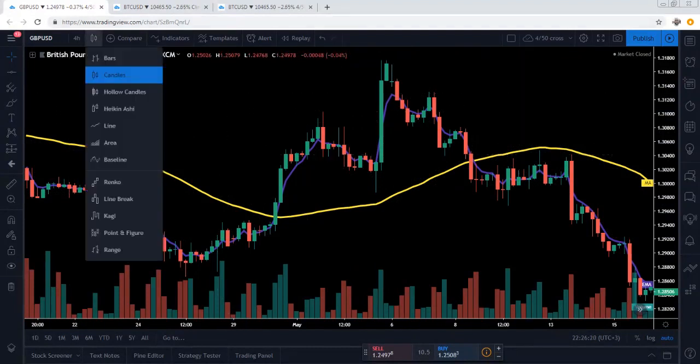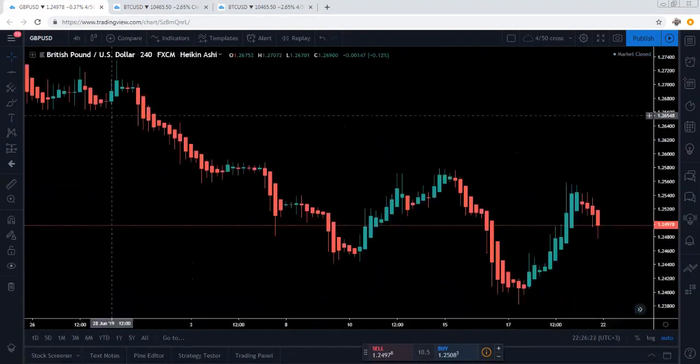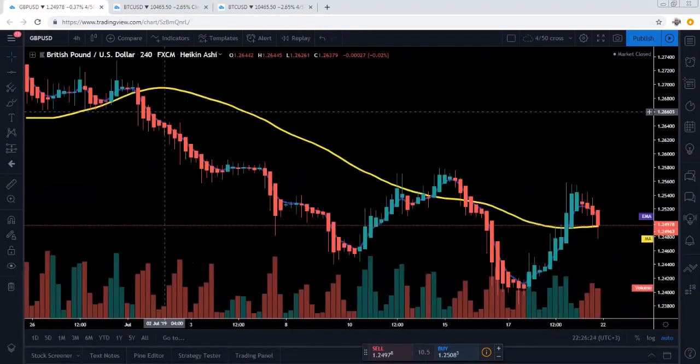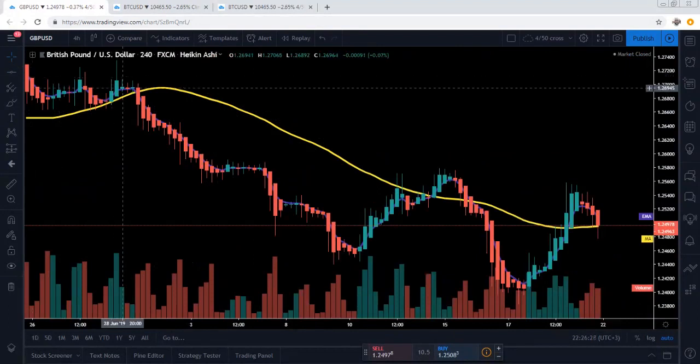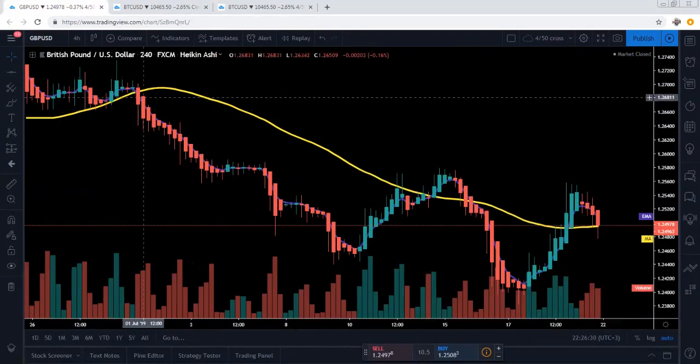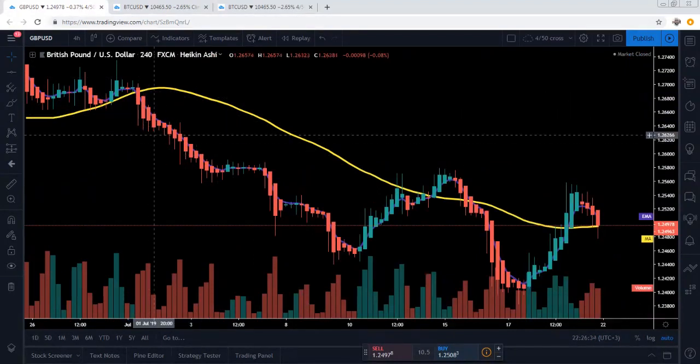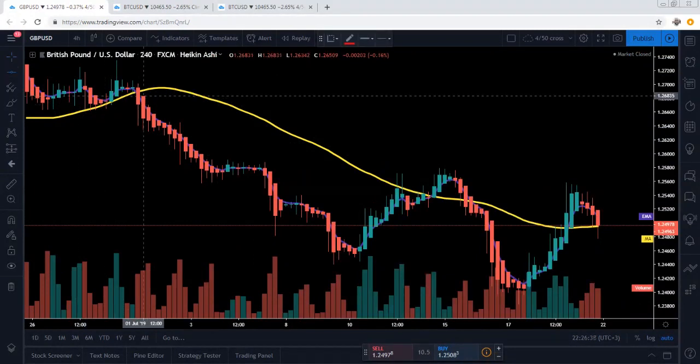So let's turn this to Heikin Ashis. How you do a trailing stop with a Heikin Ashi is, once it's in momentum, right? This is a momentum candle, right? You see how they're going down? Let's say you notice the cross right here and you fire from this position, your manual stop should be here.